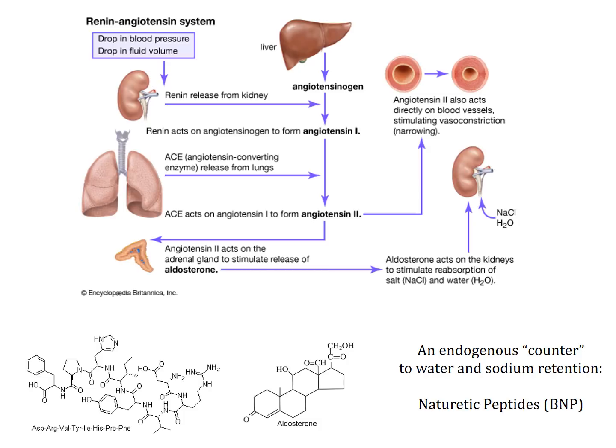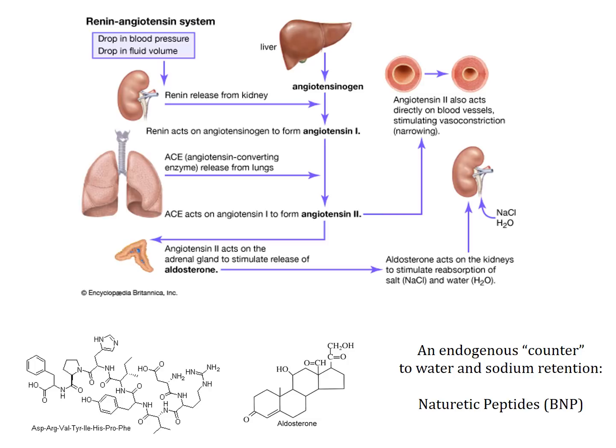Now, luckily, we have an endogenous peptide, natriuretic peptides, and the abbreviation of this is BNP. This is an endogenous means to counter excessive sodium and water retention. We'll talk about what BNP does on the kidney.